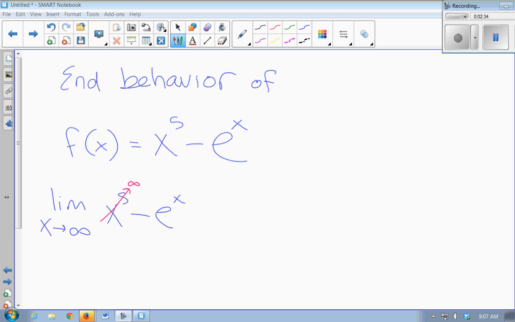And what happens to e to the x as x gets really, really big? Also goes to infinity, yeah. So is infinity minus infinity 0? Yeah, not really, because some infinities are bigger than others.